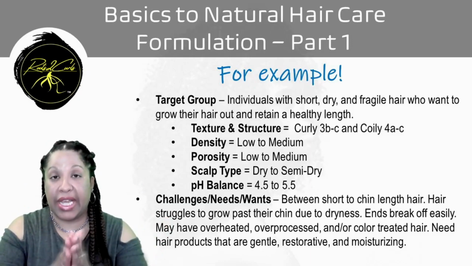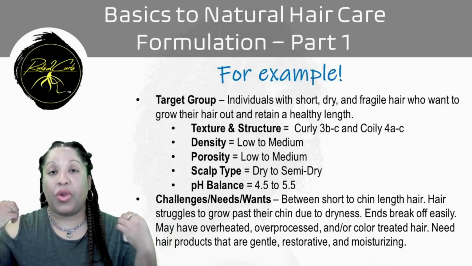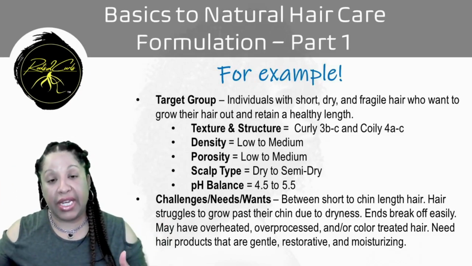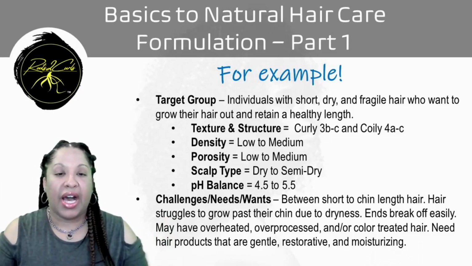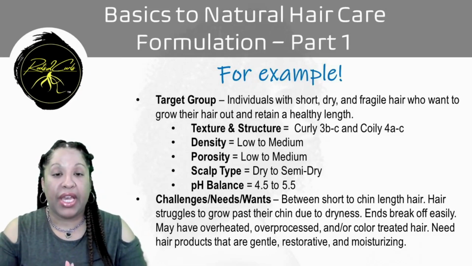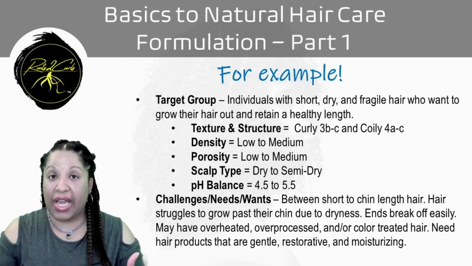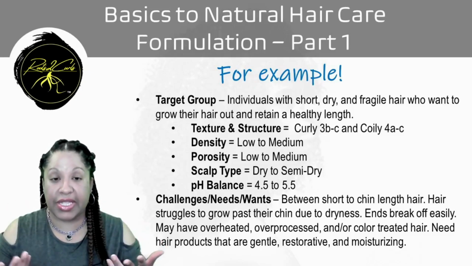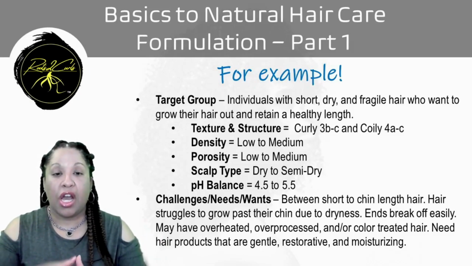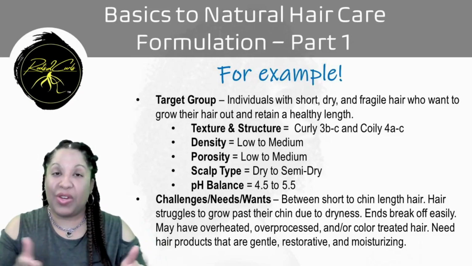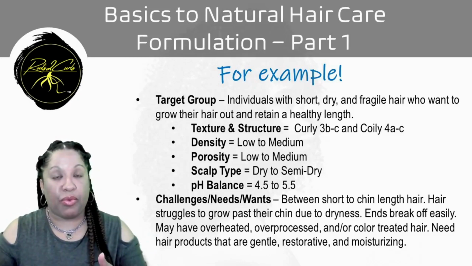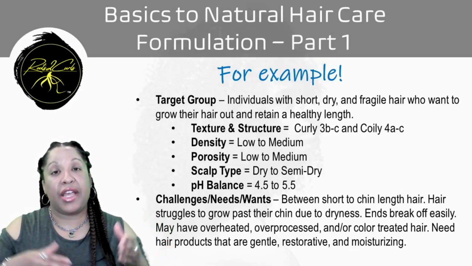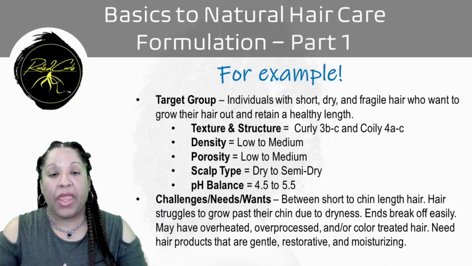They're struggling to retain that moisture, which helps with growth and length and retention of that length. Scalp type is typically dry or semi-dry, so they need products with ingredients that will help moisturize and nourish their hair and scalp. And the pH balance, remember before, typically you want to stay between 4.5 and 5.5. You don't want it to be too dry, and you don't want it to be too oily.